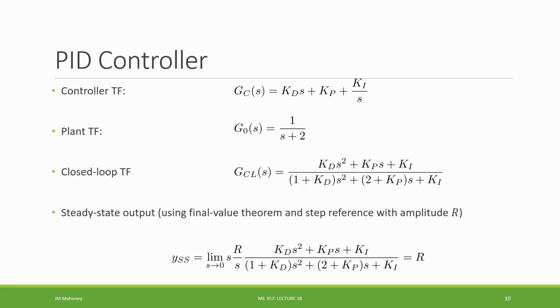So what I'm left with is R. So given enough time, the steady state value of the output goes to R, which is exactly what we need to have happen. So at least for the first test, this controller passes. It will eventually make the error go to 0, or the steady state output go to R. So the PID controller will work to at least do that.